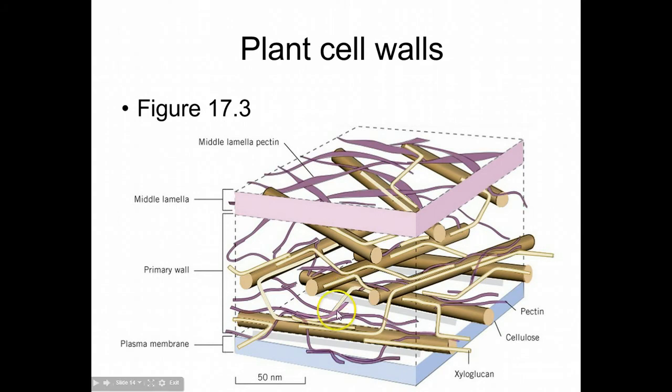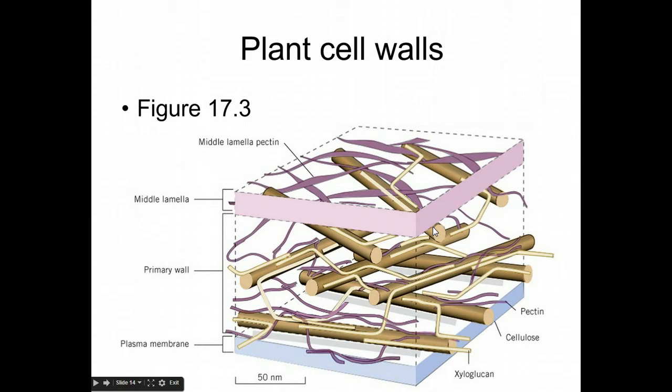And then the strength comes in because of the interaction of glucose with these other carbohydrates. And I think in this one, pectin is sort of a purple color. And here's a xyloglycan. And so they form bonds.